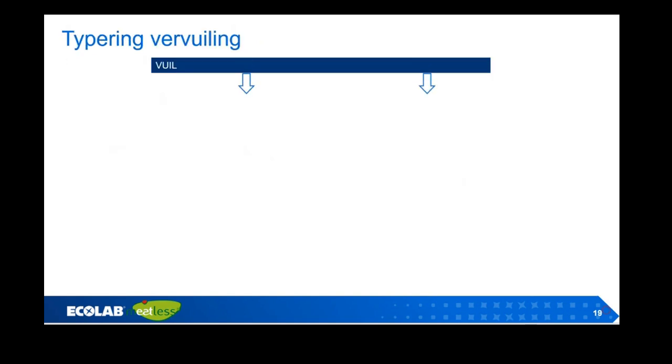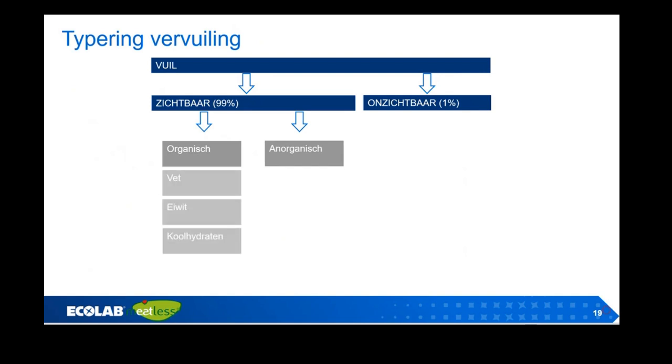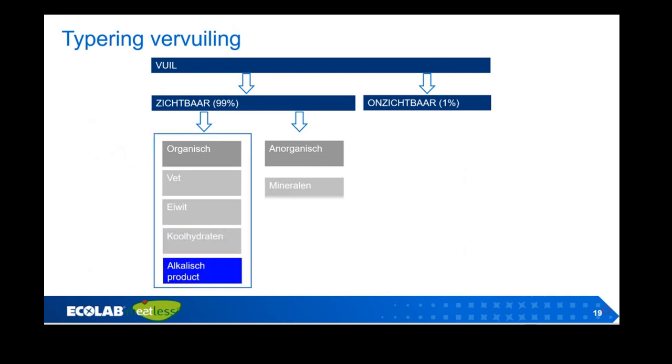So we already discussed this. You have dirt: 99% is visible and 1% is invisible. You have organic and inorganic dirt. If you want to clean organic dirt, then you always have to use an alkaline product.